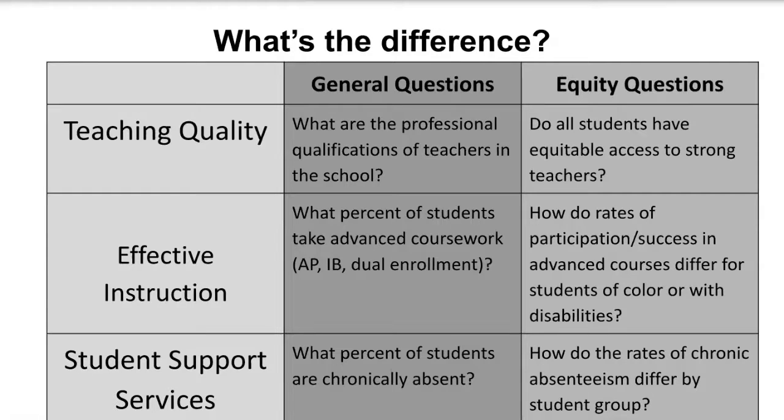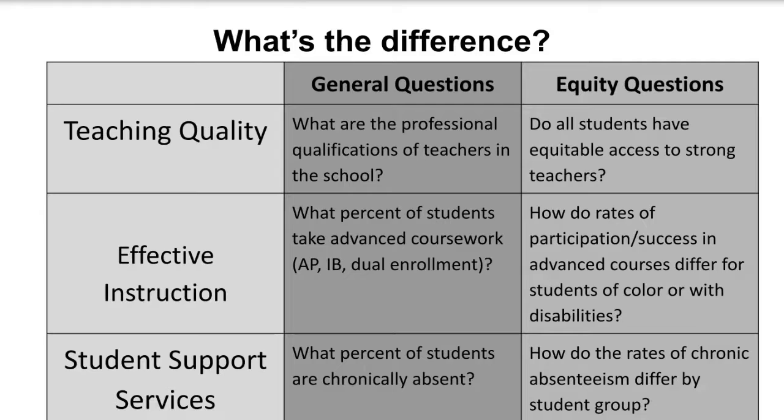Here is a practical way to process this information. Most districts and schools are asking the questions on the left side. For instance, what are the professional qualifications of teachers in the school? Instead of just asking this question, in order to add the equity lens, we should ask, do all students have equitable access to strong teachers?